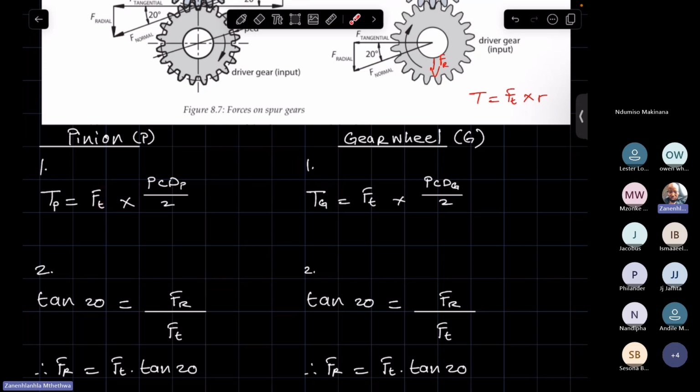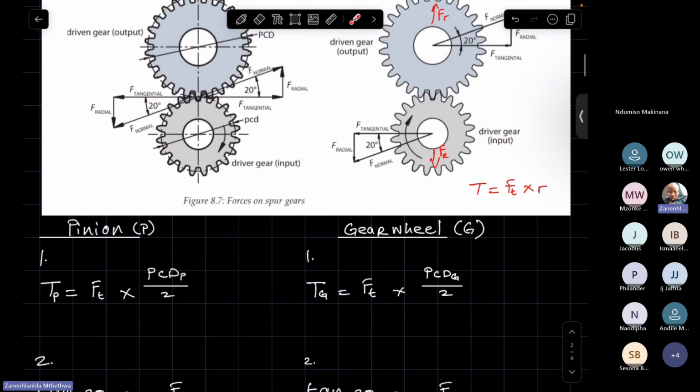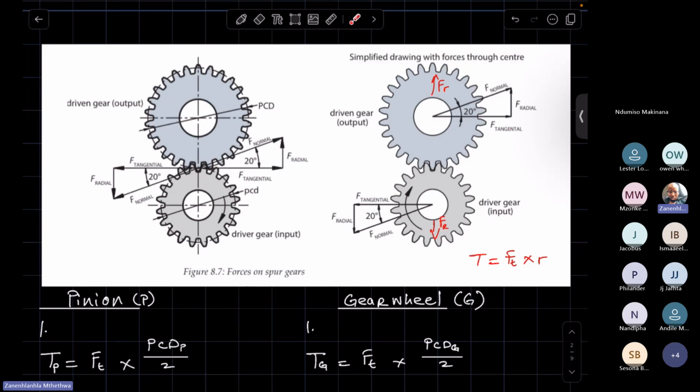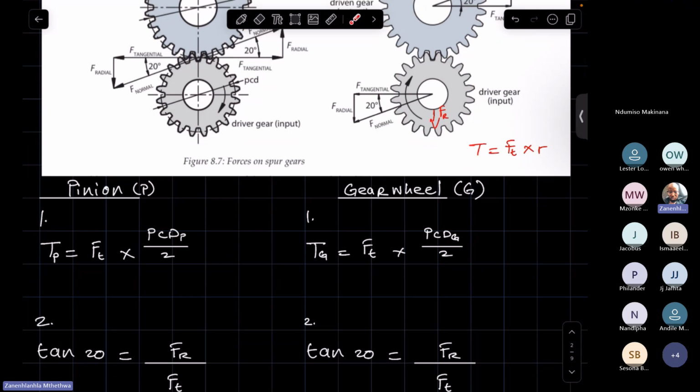But if you've been given the torque being transmitted by the gear wheel as well as its PCD, then you obviously use this one to get FT. Either way, whichever formula you use, you will get the same tangential force, because this tangential force is the same as that one. Radial force, the same as that. Normal force, the same as that. Are we clear here?